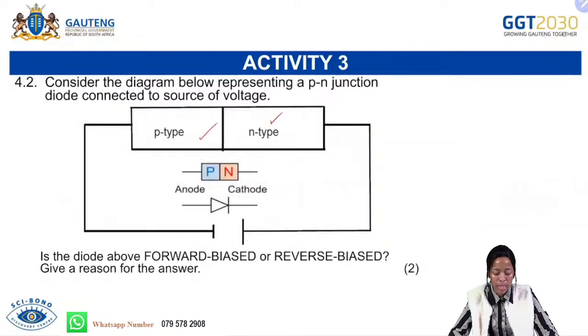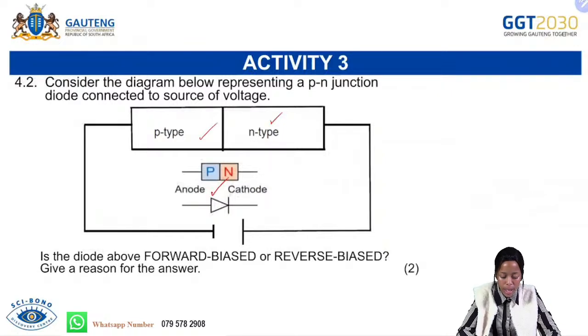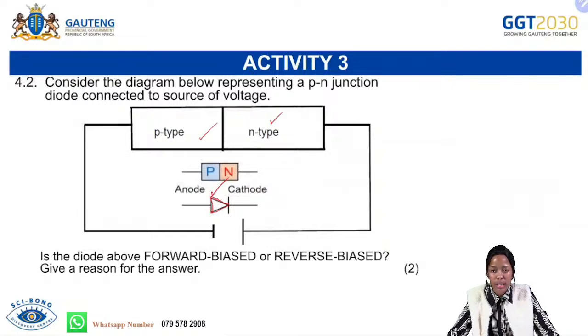So we can see that we have a p-type material and what? An n-type material. Just to remind you on this one, we previously said that the triangle will be pointing. Because the triangle there is sharp and it's pointing, therefore, it represents the p-type material.